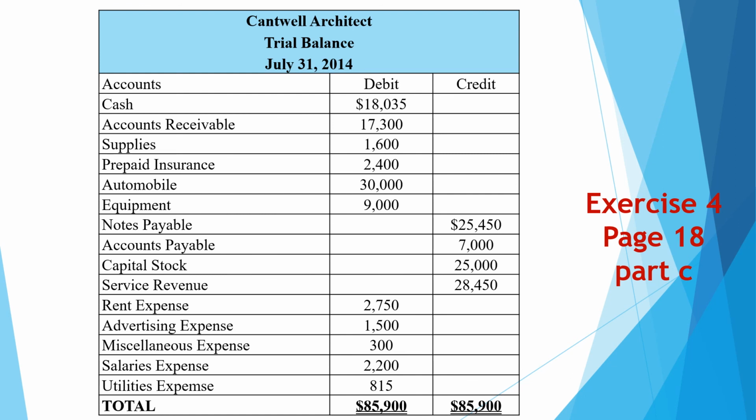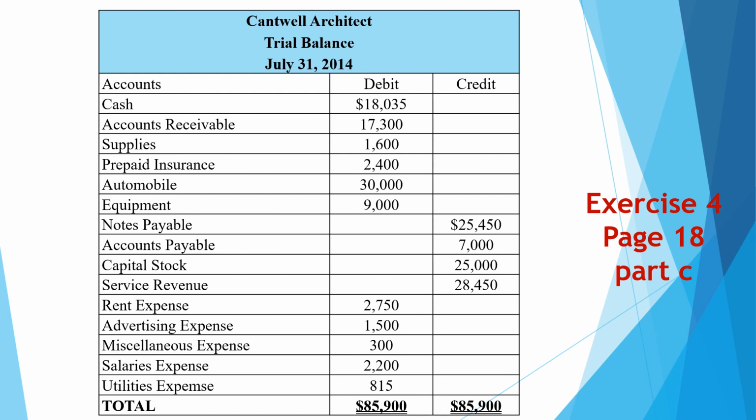Assets in this exercise were cash, accounts receivable, supplies, prepaid insurance, automobile, and equipment, and we put the amounts of these accounts in the debit since assets have a debit normal balance. Then we have liabilities, notes payable and accounts payable, and these accounts are in credit since they have a credit normal balance. After liabilities, we put the capital stock in the credit as well since it also has a credit balance.